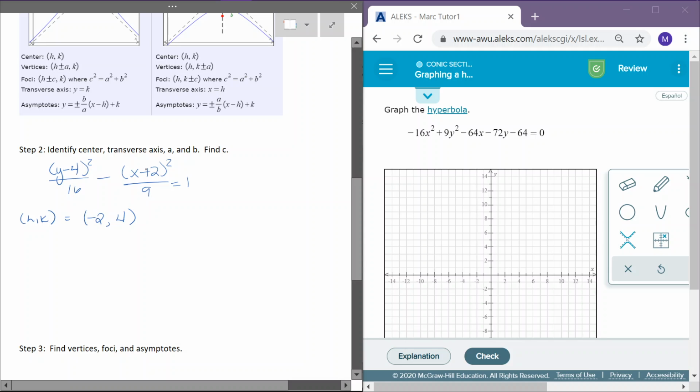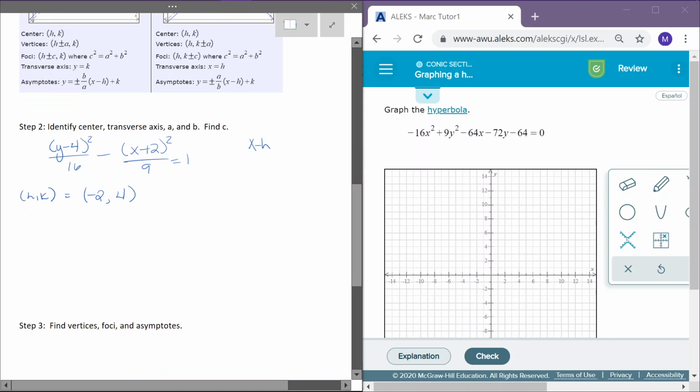And this is because in the form it is x minus h, and we have a plus, so this becomes negative. Next, we want to find our transverse axis. So we know that our transverse axis is x equals h, so this is going to be x equals negative 2.